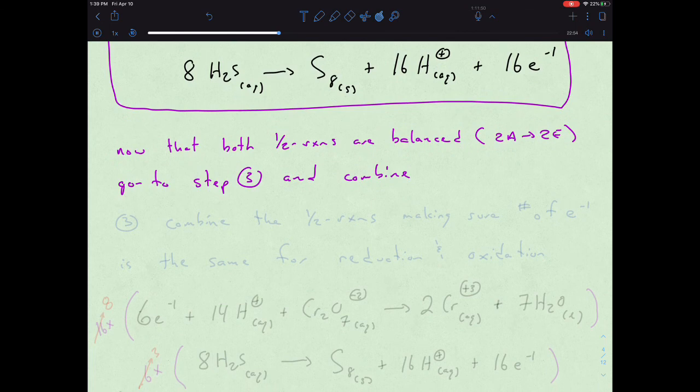So step 3, we want to combine the half reactions. Again, making sure the number of electrons is the same for reduction and oxidation.